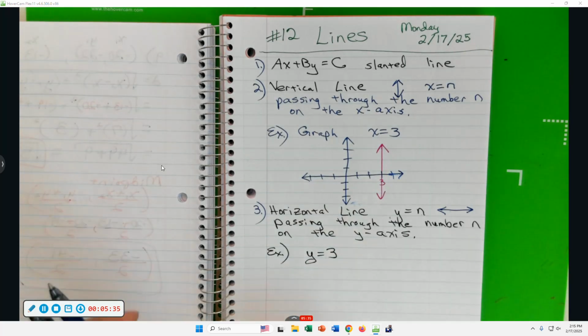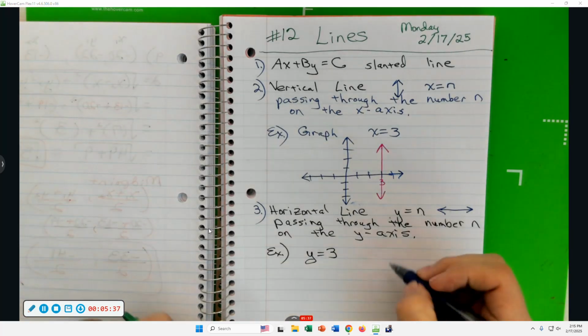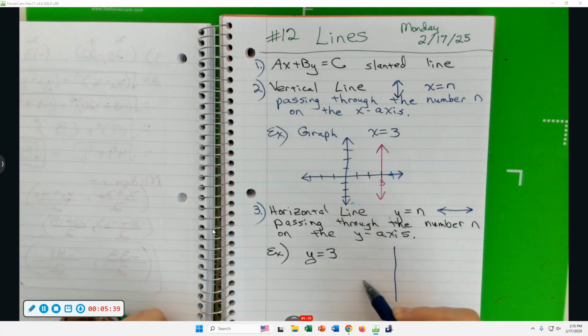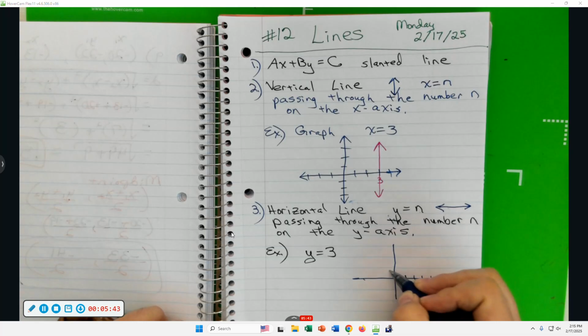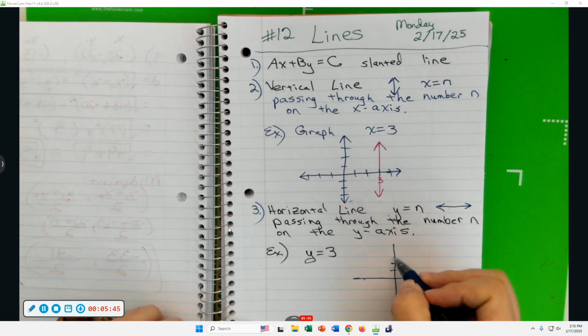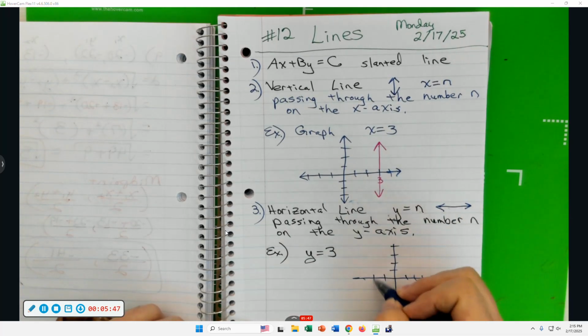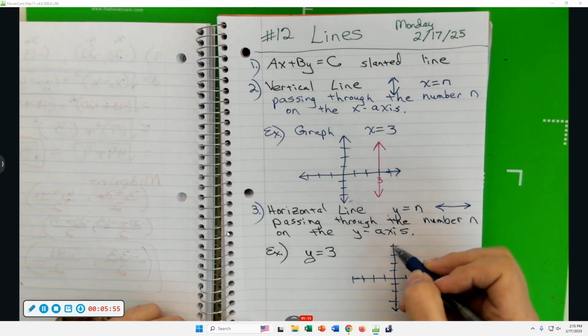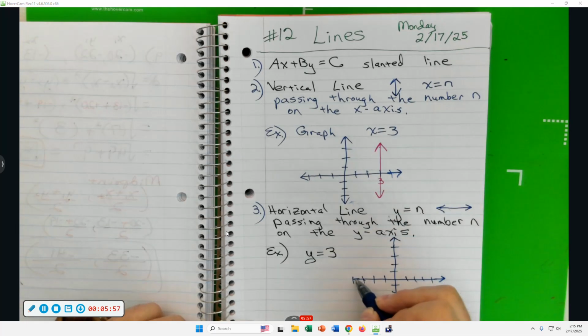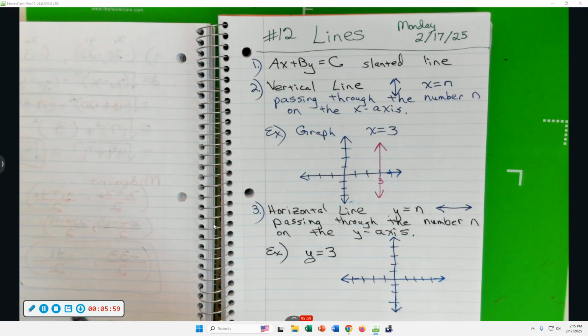If you wanted to draw the graph, we're just freehanding. So you go to the number 3 on the y-axis.